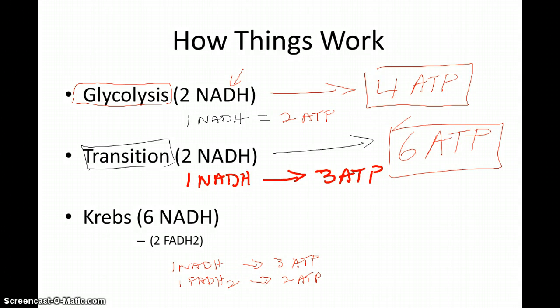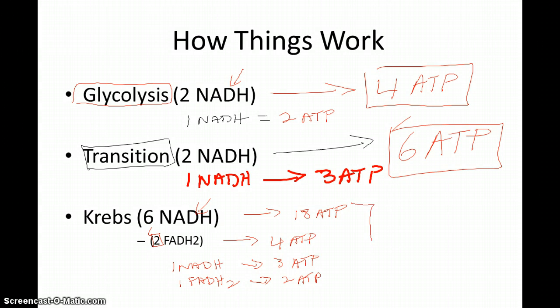Now a total of 6 NADH were created in Krebs. So that equals 18 ATP. Plus 2 FADH2 were created, which each yield 2 ATP. So that's a total of 4 ATP.